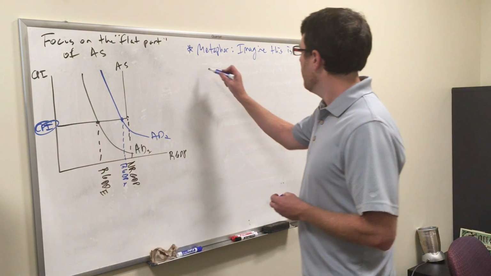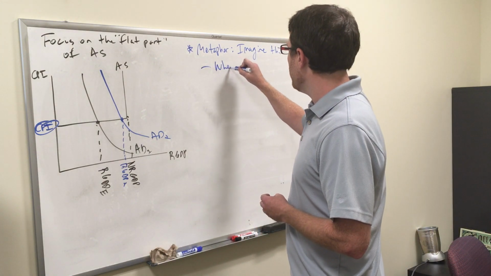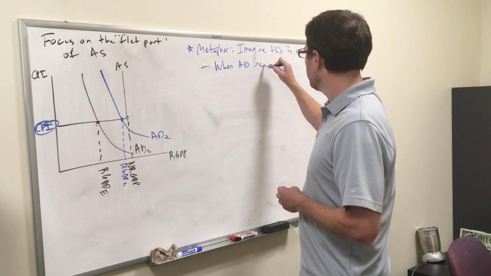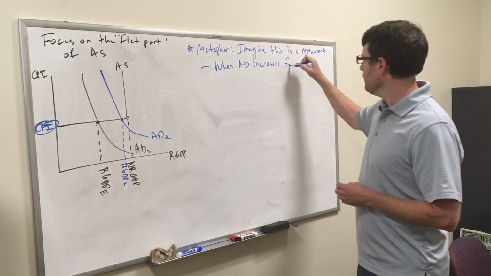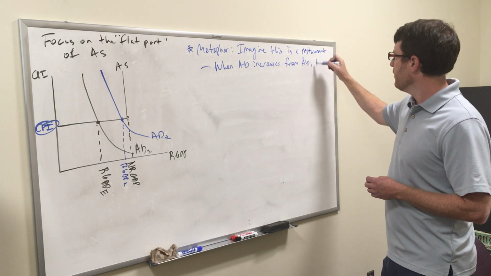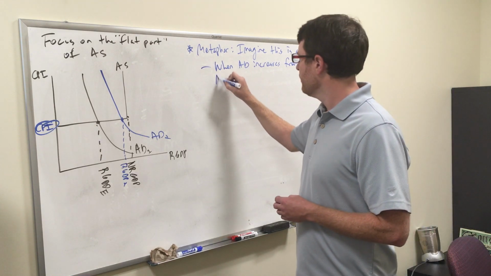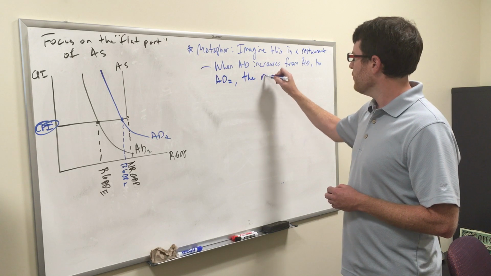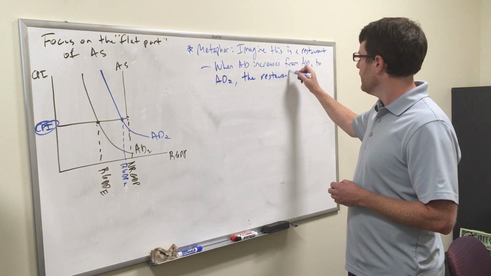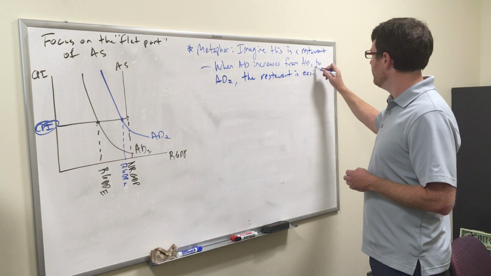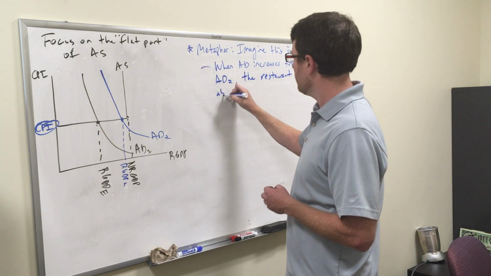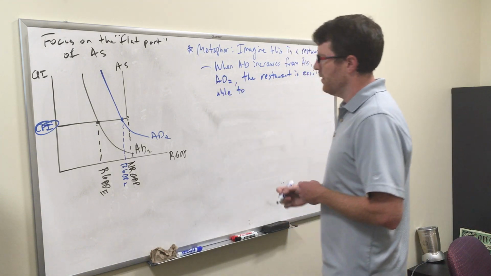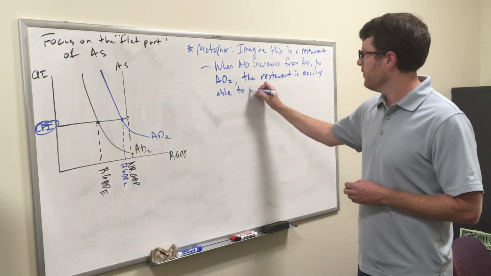So what happens is when aggregate demand increases from AD1 to AD2, the restaurant is easily able to serve these customers.